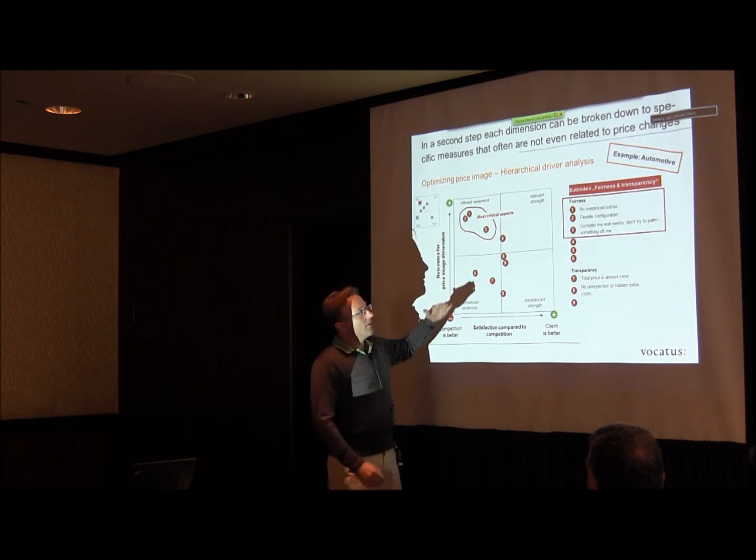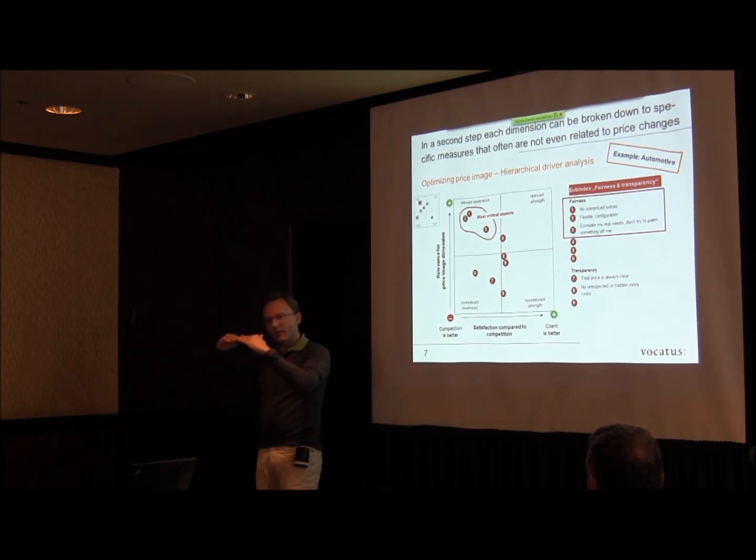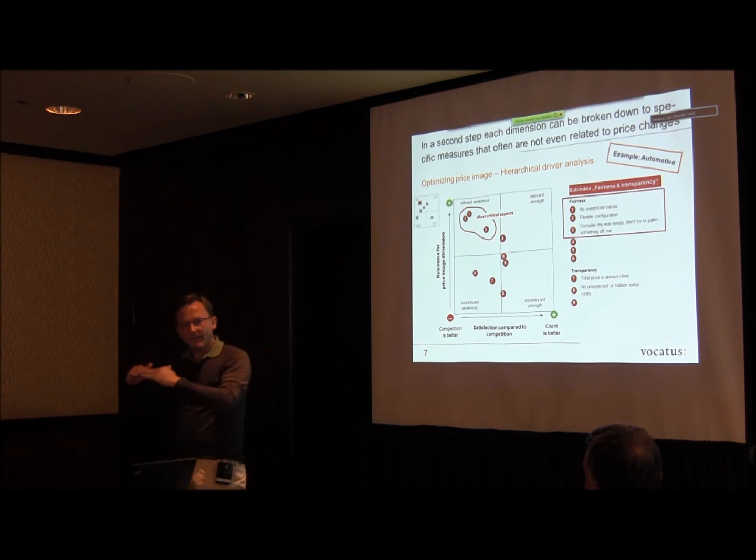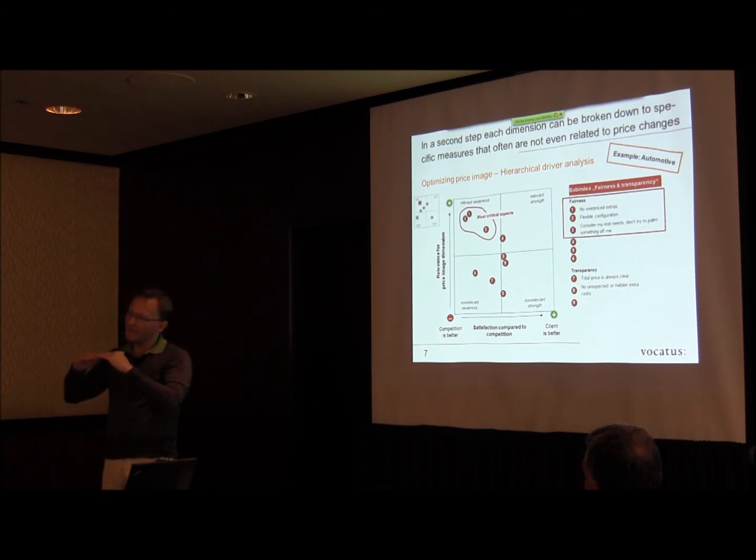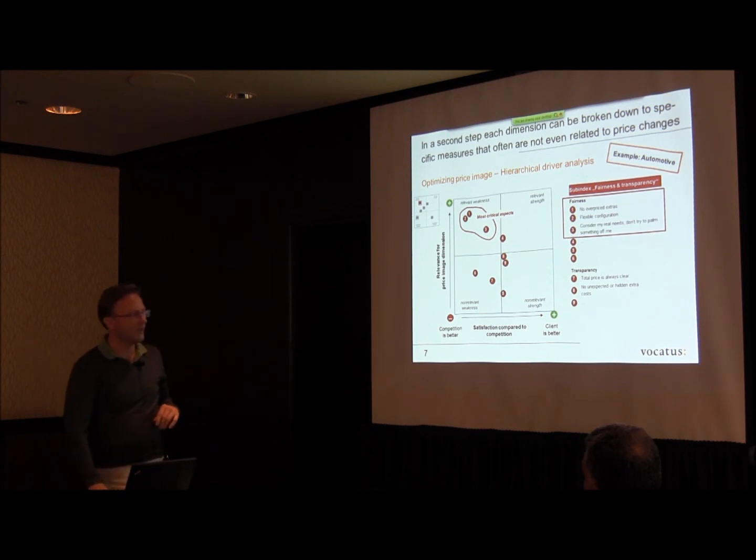So coming from price image, understanding the driving dimensions, in the next step we understand how we can really influence the price image beyond lowering the price and beyond putting in more value.